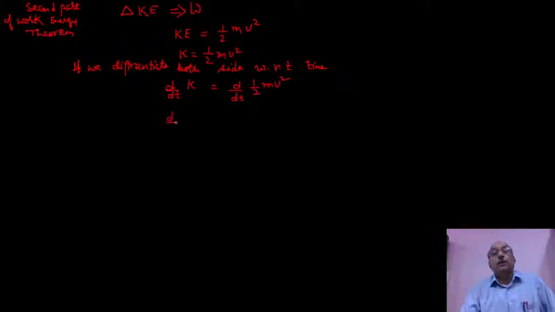Or d/dt of kinetic energy is equal to half m, mass is constant, it is not changing with respect to time, so we may take it out of the differentiation. Or dK by dt is equal to half m d/dt, which may be written as d by dv of v squared into dv by dt.